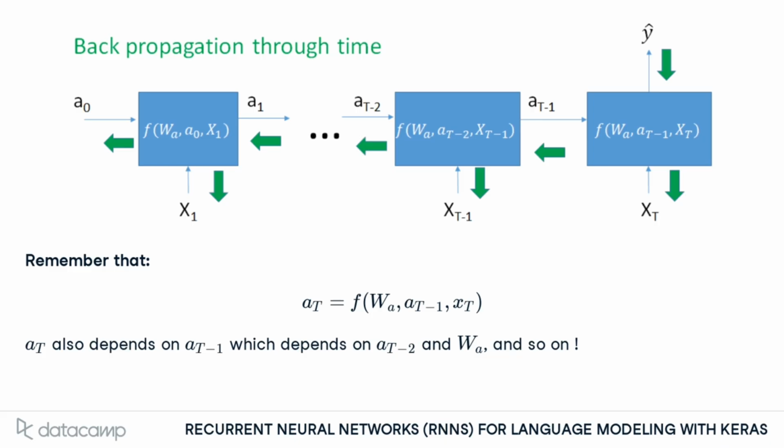Also, the derivative of AT with respect to WA also needs the chain rule of derivatives and can be written as the product of the intermediate states multiplied by the derivative of the first state with respect to the matrix.